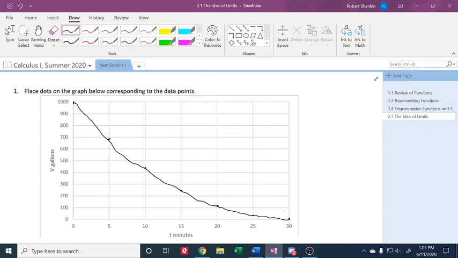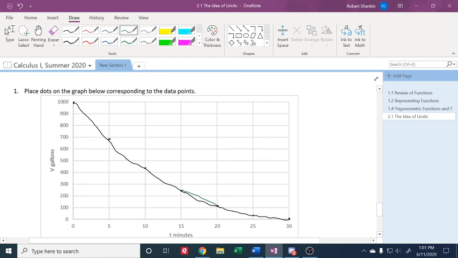Now, these secant lines, I'm going to put these in green. From 15 to 20, I want a straight line here. Then draw the secant line, and also from 10 to 15.